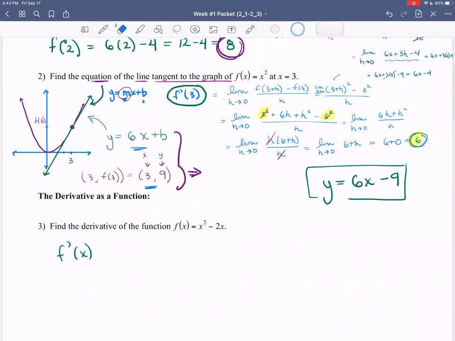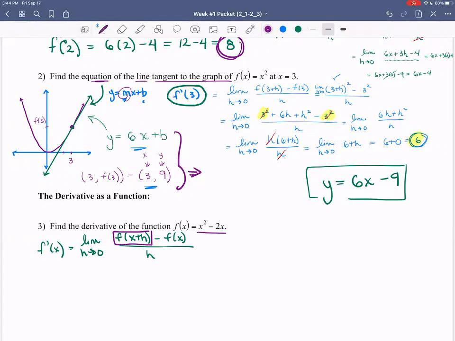We know from the definition of the derivative that f prime of x is equal to the limit as h goes to 0. We're setting up that difference quotient of f of x plus h minus f of x all over h, where f of x is this x squared minus 2x.